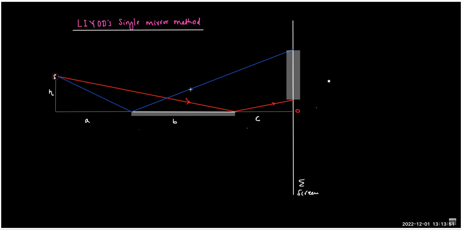Yes, sir. So if I just take the edge, if the light is slightly off the edge, it will be coming somewhere here, right? So the direct light can reach up to this point if it is slightly off the edge, isn't it? Yes, sir.